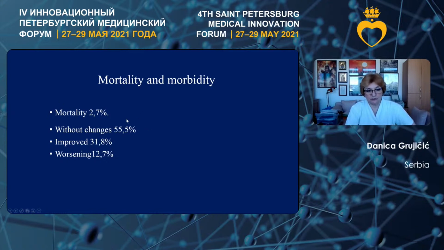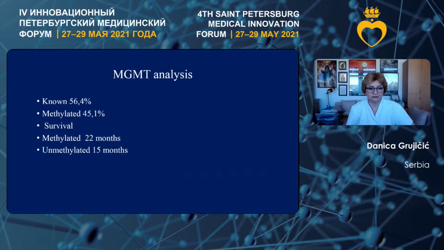In a series of 110 glioblastomas, the surgery mortality was 2.7%. That's the number that didn't survive the surgery. Same condition as before the surgery, without changes, was 55.5% of patients, including neurology. 31% of patients had improvement, and 12% had the worsening of neurological status.